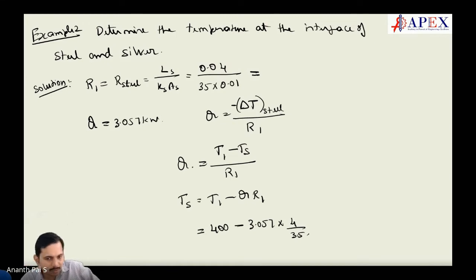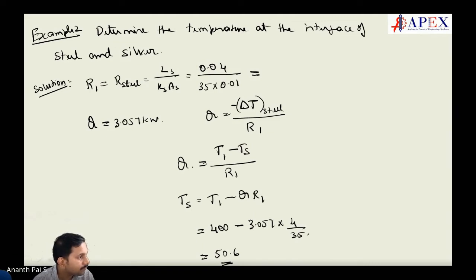Correct? What is the answer you got? 50.6. You see, there's a maximum temperature difference. T1 is 400, and there it is coming 50.6.